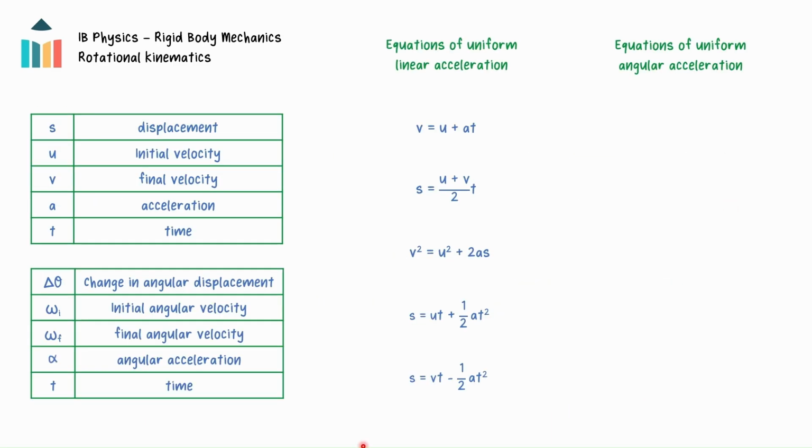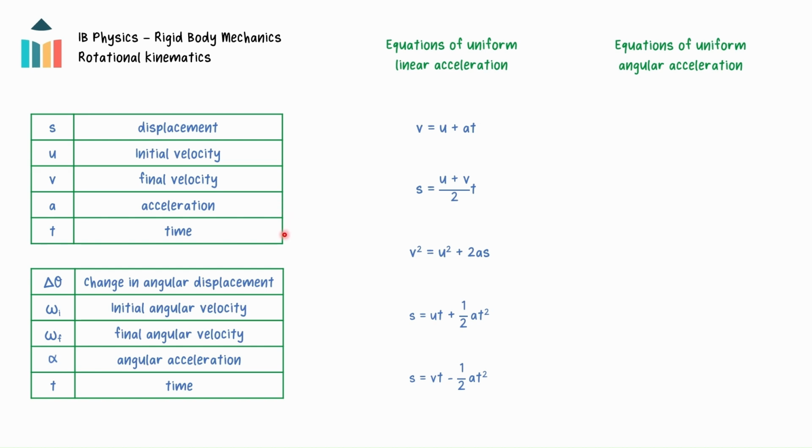Now let's look at the equations of uniform angular acceleration. They are analogous to the equations of uniform linear motion that you've probably seen before. Both sets describe motion where acceleration is constant, but one applies to objects moving in a straight line and the other to objects rotating about an axis. For linear motion, we use displacement s, initial velocity u, final velocity v, acceleration a and time t.